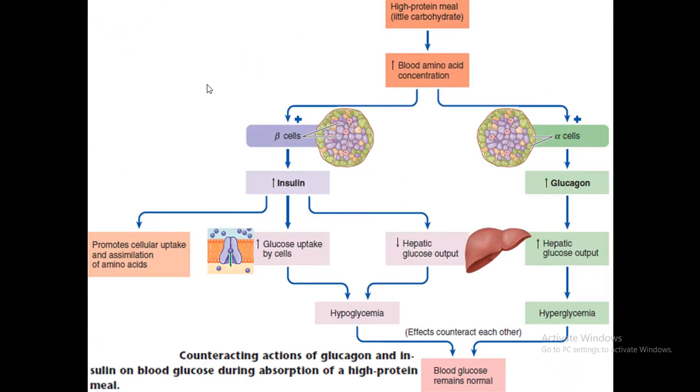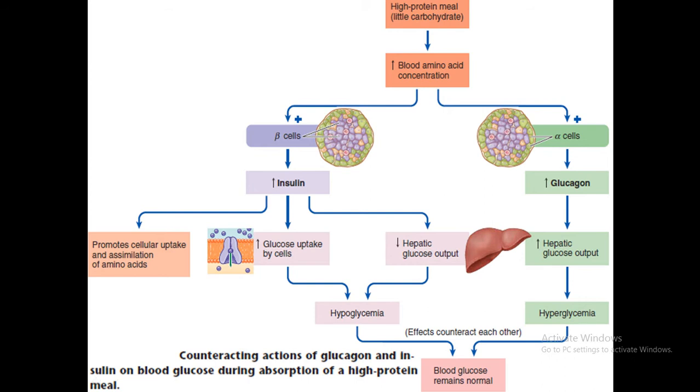From this simple diagram, I want to show all these previous effects dramatically. You can see how a high protein meal causes the blood amino acid concentration to increase. At the same time, the beta cells and the alpha cells are stimulated.